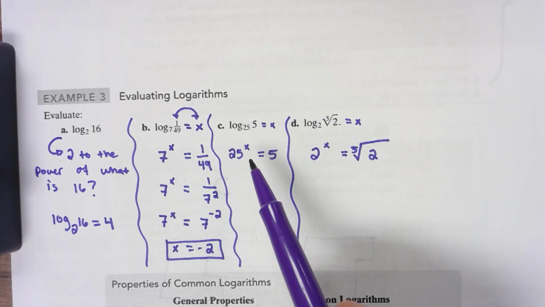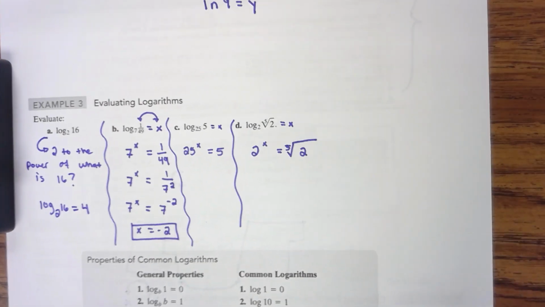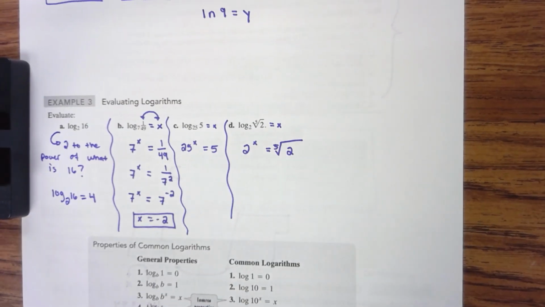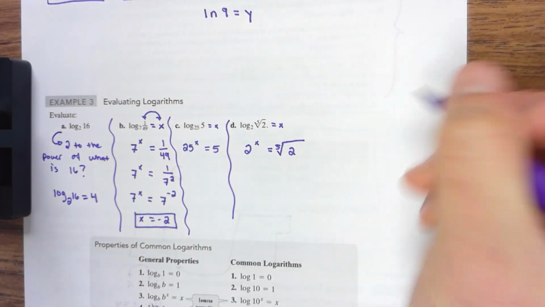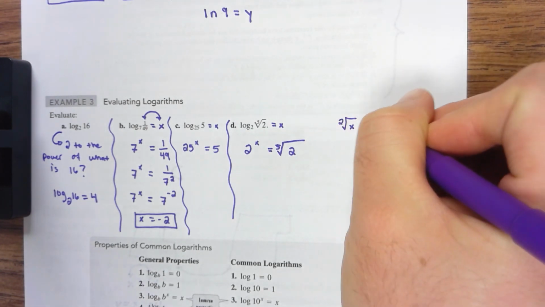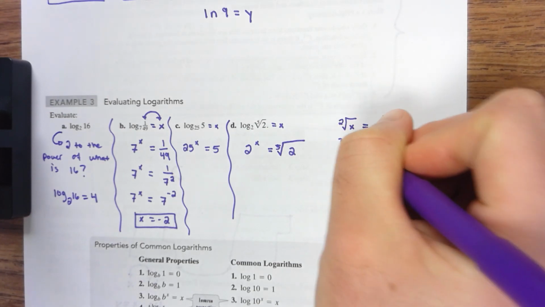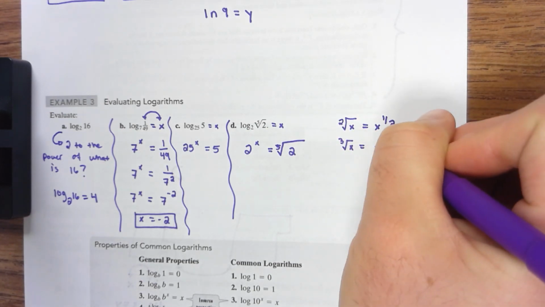Now, this requires you to remember some specific rules about exponents. And so on the side, let's just jot what I'm referring to down, in that if we have the square root of x, that's equal to x to the 1/2 power. If we have the cube root of x, that's equal to x to the 1/3 power.